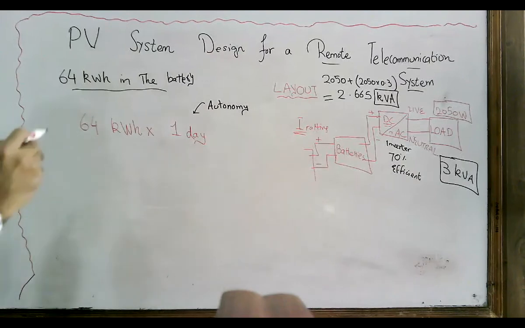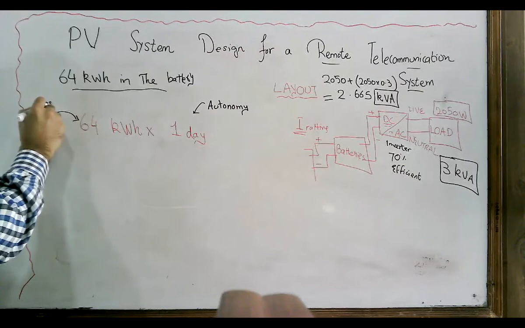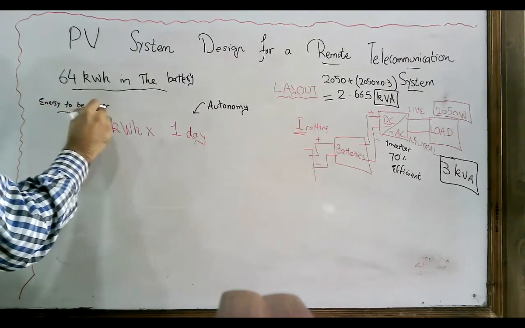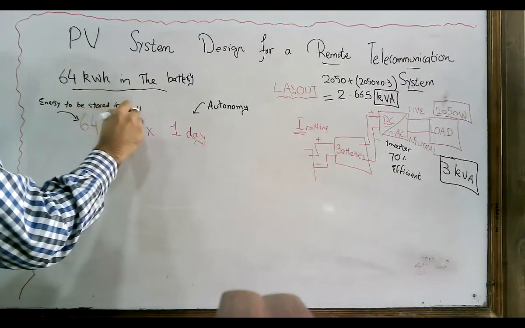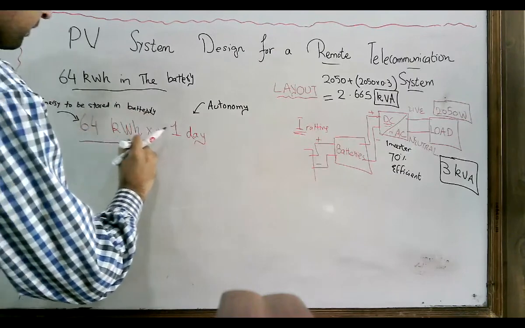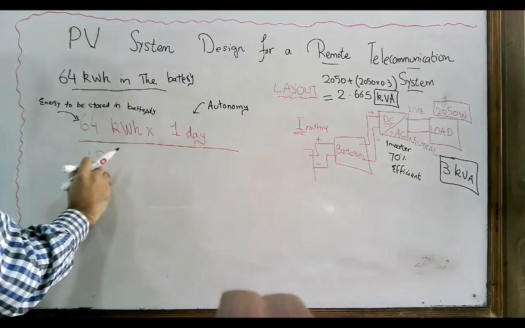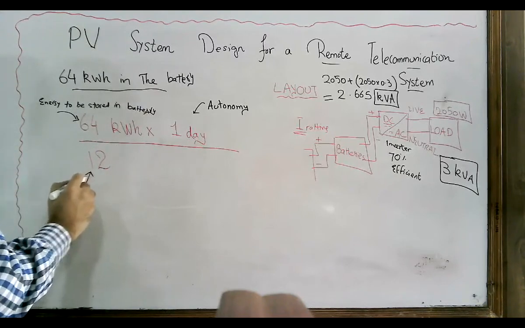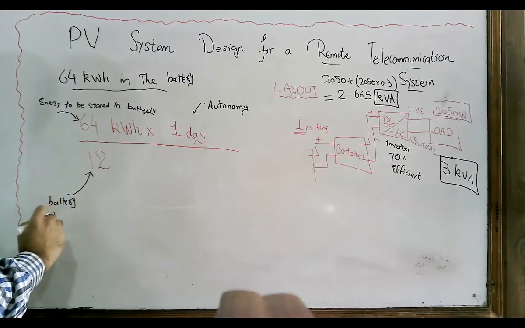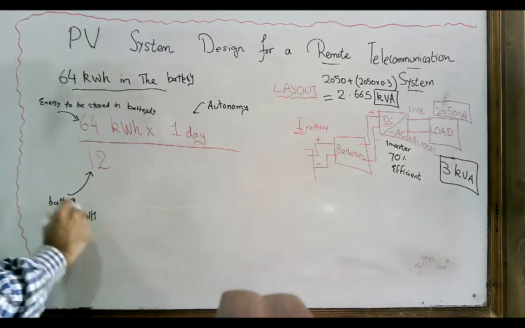So this is actually the formula: the energy to be stored in the battery, divided by 12. 12 is what? We first assume that the battery is of 12 volts.